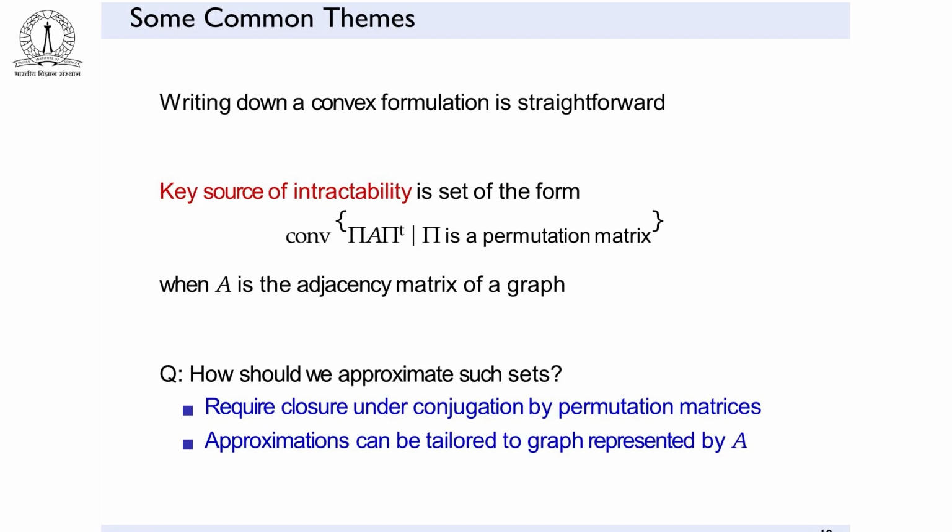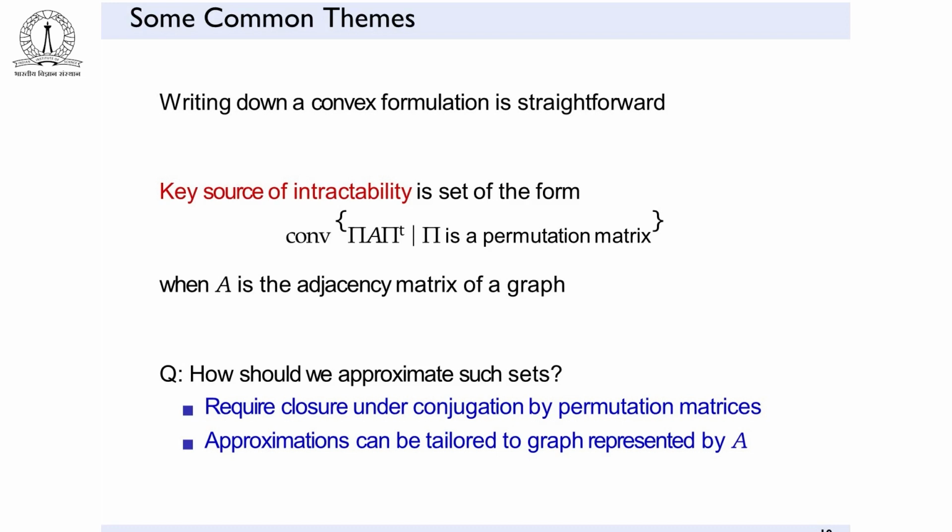The question is, how should we approximate such sets, right? This is the big question for us. And the two things to keep in mind, number one, it's a bit of a constraint, is that we really want approximations that are hopefully convex. We got down to something convex, let's preserve that property. But in particular, convex sets that are closed under conjugation by permutation matrices.